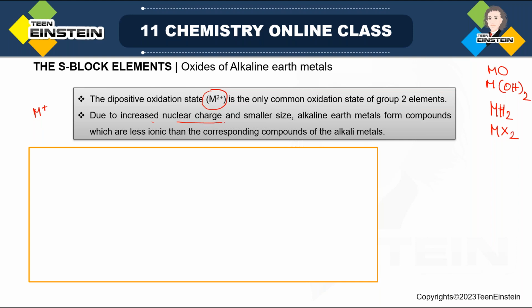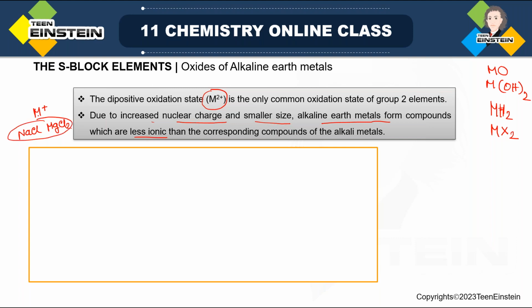Because of increased nuclear charge and smaller size compared to group 1, these metals form compounds with less ionic nature. If you compare, suppose you have taken any halide, say NaCl, and in the same period there is magnesium, so it is MgCl2.